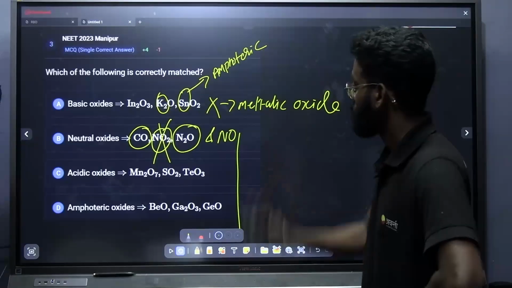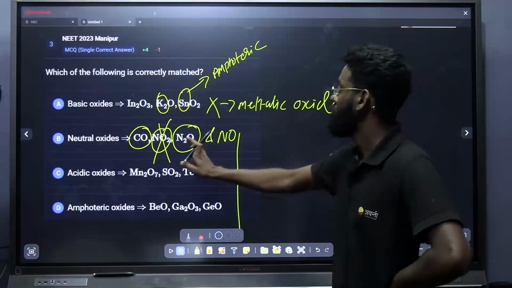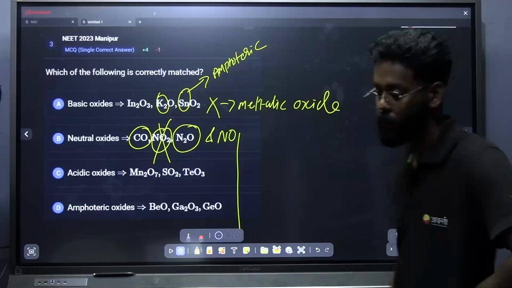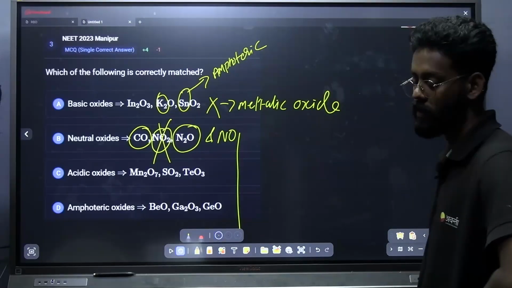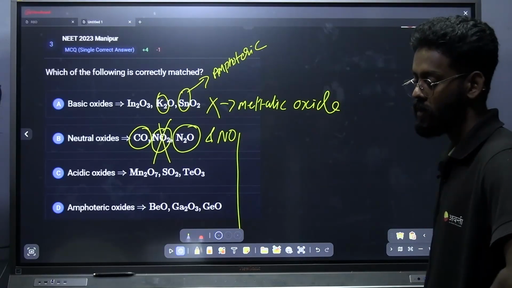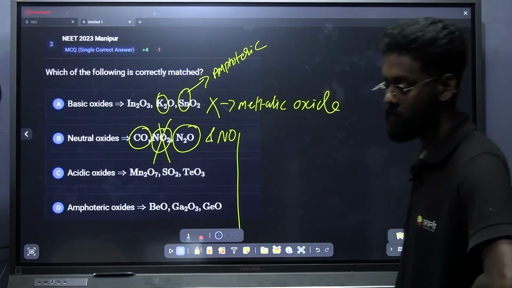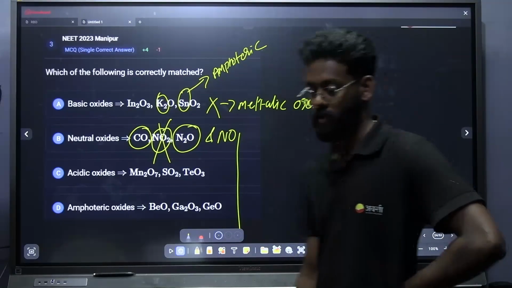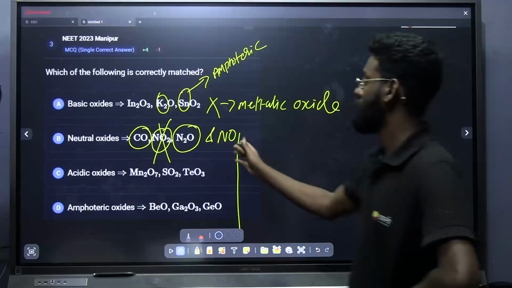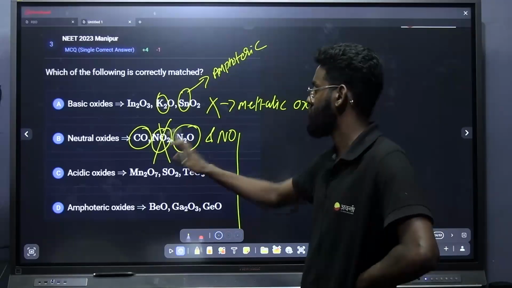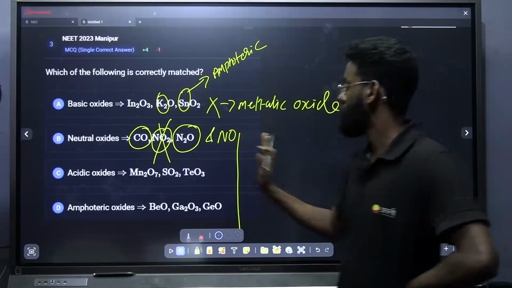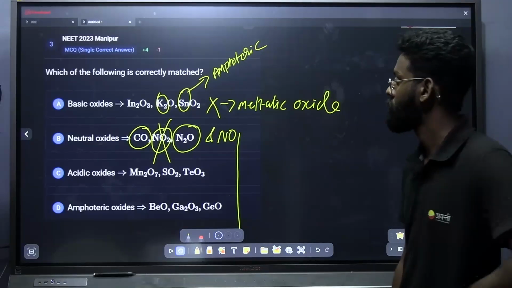It is carbon monoxide, nitric oxide and nitrous oxide, N2O. Got it everyone? This is the mistake that you will be making. You will think these are neutral oxides, but it is NO, CO and N2O.